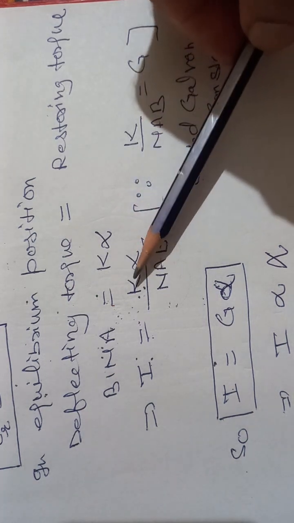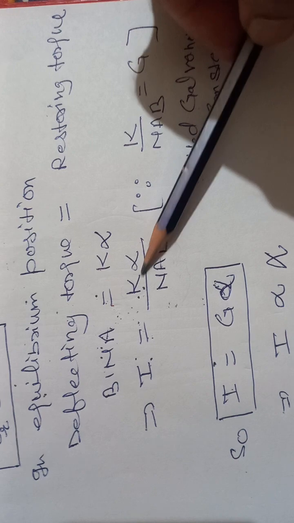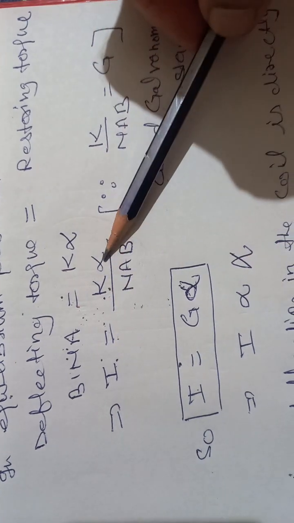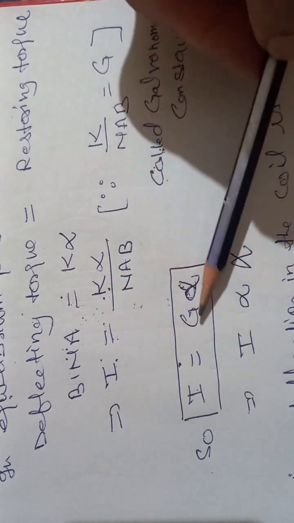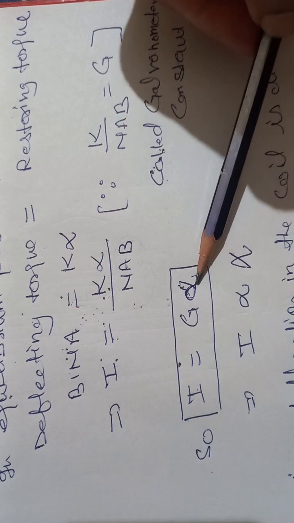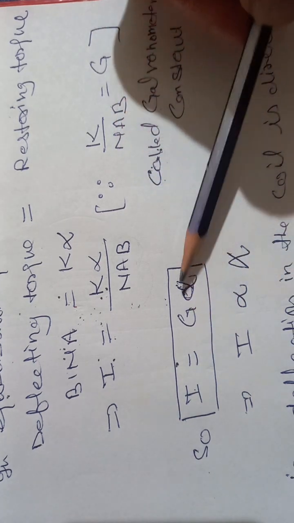So all the quantities being constant, I equals G alpha.